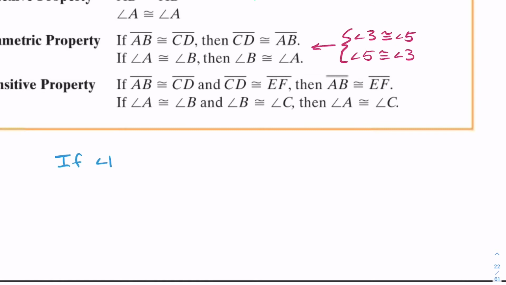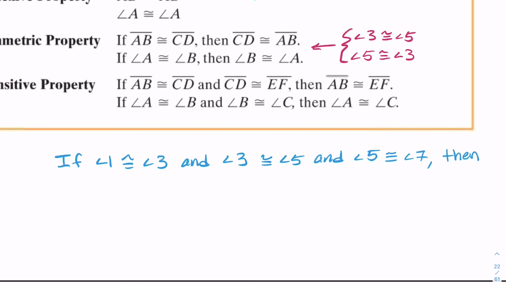If angle 1 is congruent to angle 3, and angle 3 is congruent to angle 5, and angle 5 is congruent to angle 7, then angle 1 is congruent to angle 7.